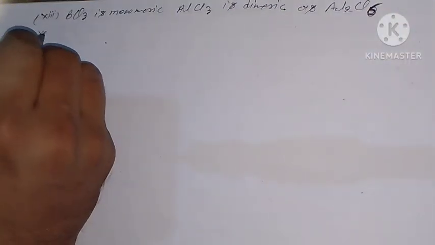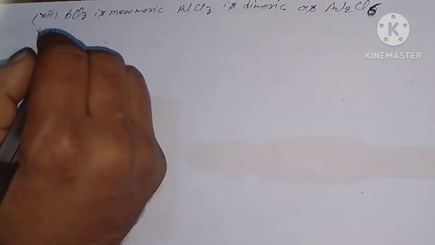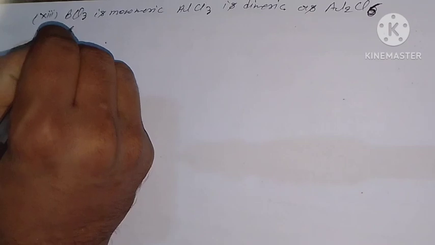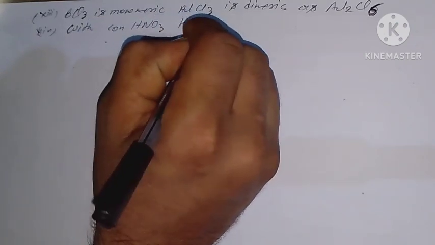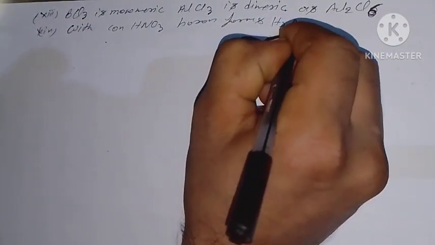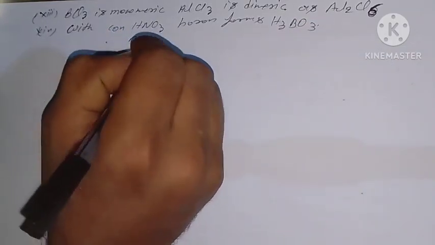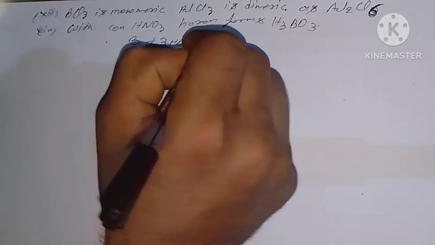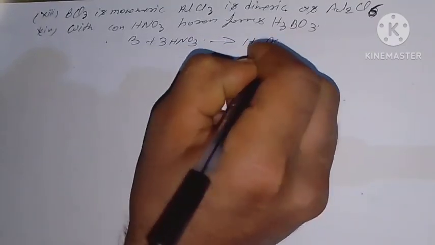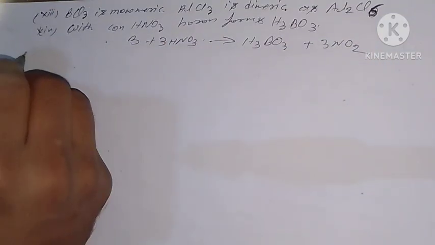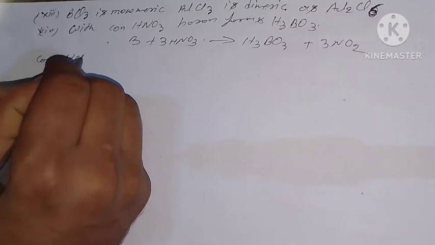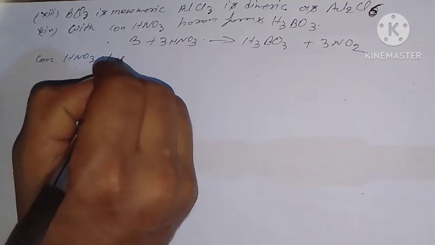Point 14. With nitric acid, boron forms H3BO3: B plus 3HNO3 gives H3BO3 plus 3NO2.